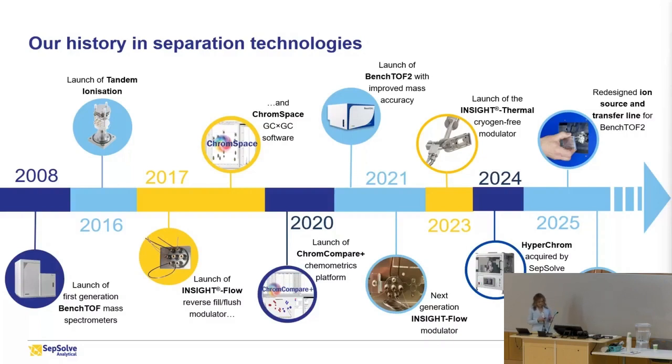But really, I want to highlight some of the most recent things. In 2024, we acquired Hyperchrome, which is a fast GC invented by Peter Becker in Germany. And we also launched Smart Subtract as part of ChromCompare, and I'll be talking about that a little later in my talk.